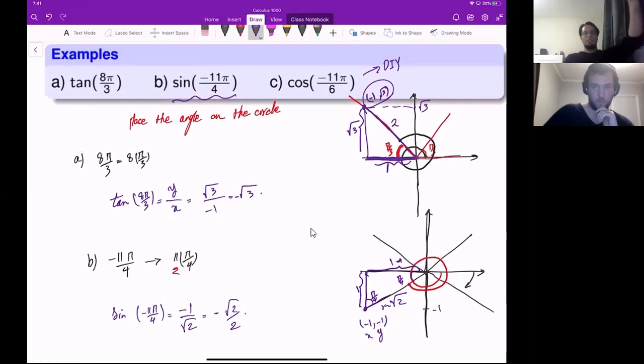So bring with yourself the knowledge of the trigonometric ratios of special angles, and then this way you can find trig values of more angles, but very restricted. They are related to one of those special angles.